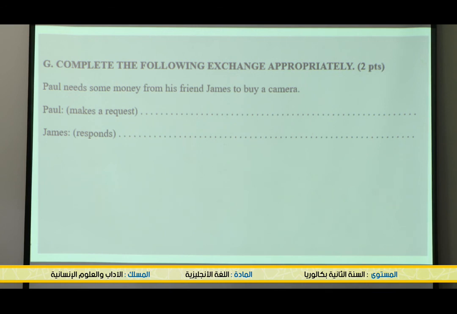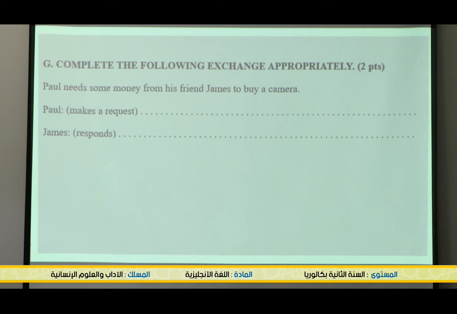So let's see how we can do this. Paul needs some money from his friend James to buy a camera. So you need money. So you need to pay attention to what? To your tone. I mean, you should be polite.